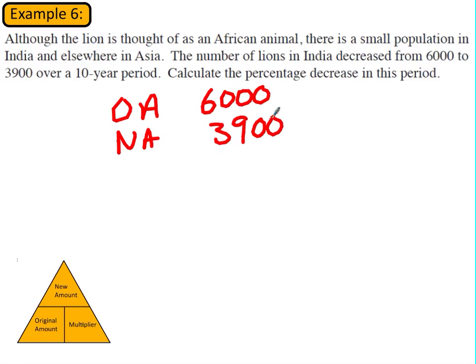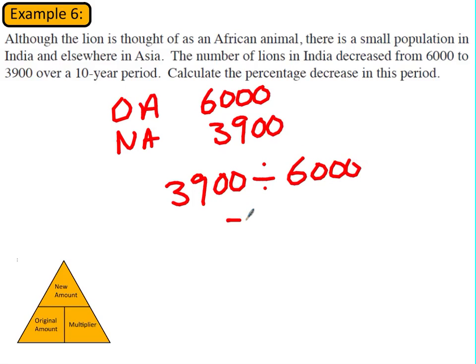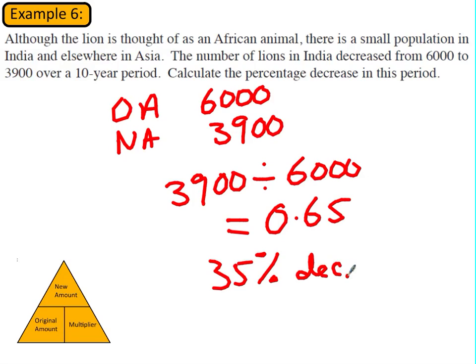So if I want to find out the multiplier and therefore the percentage decrease, I need to do the new amount, 3,900, divided by the original amount, 6,000, and work out that. So that is going to be 0.65, and that corresponds to a 35% decrease in the population of lions.